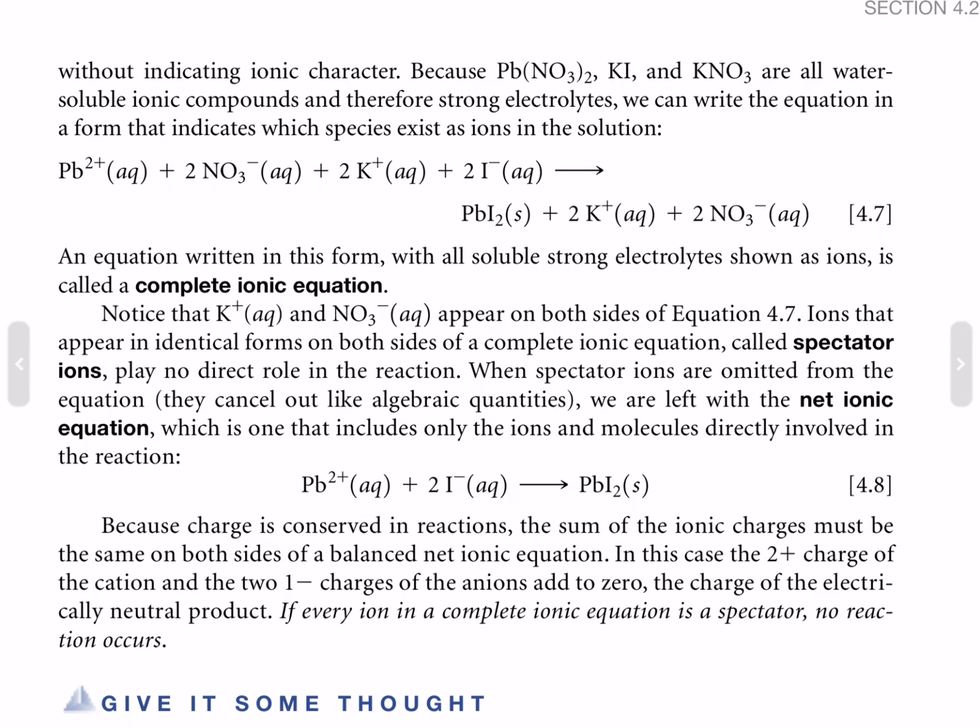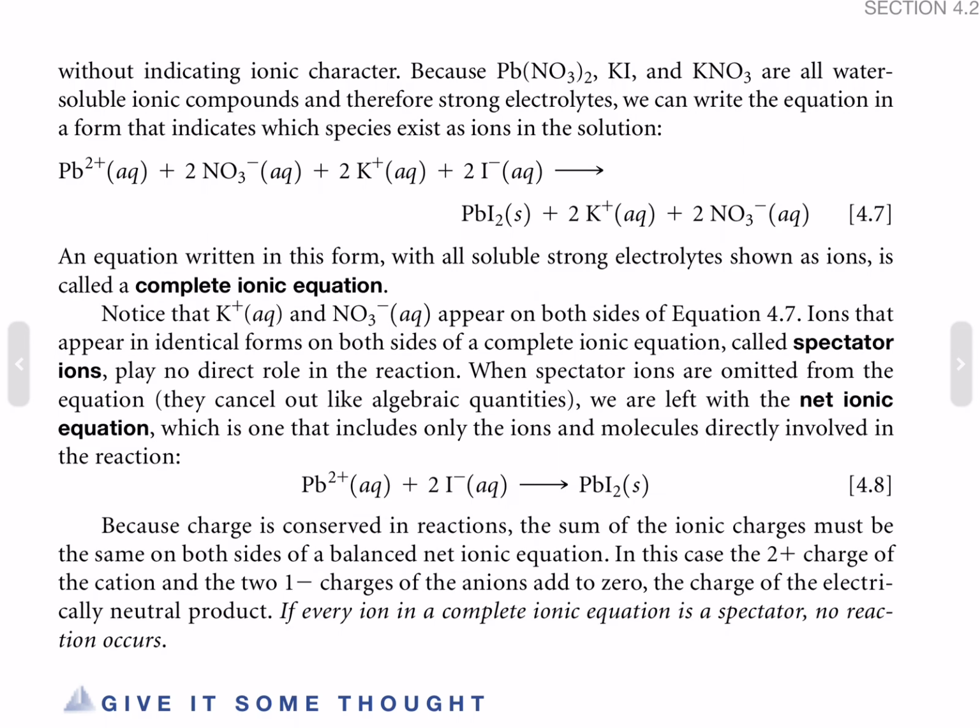So in 4.7, everything is listed as ions except for lead iodide, which is a solid. An equation written in this form, with all strong electrolytes shown as ions, is called the complete ionic equation.